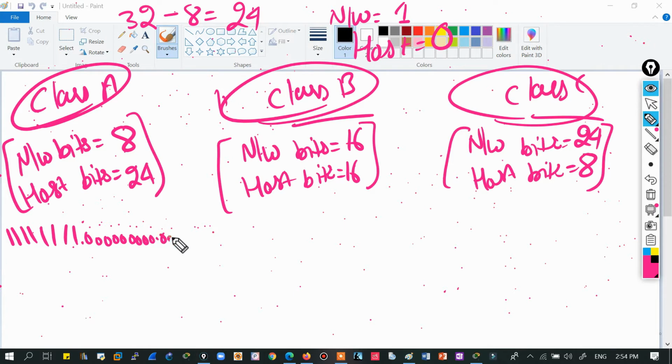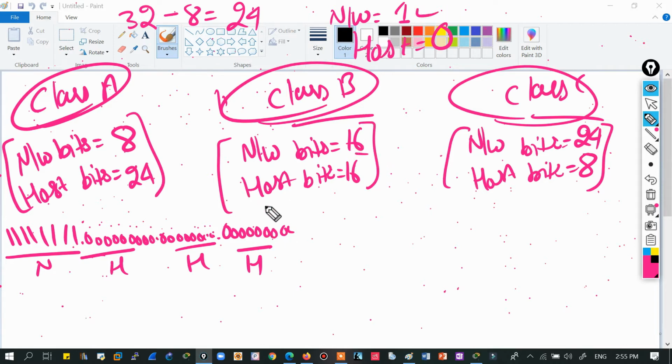This is your network part in class A, and the rest is your host part. What about class B? 16 network bits, and network bits are represented by 1. It means there will be 16 ones.